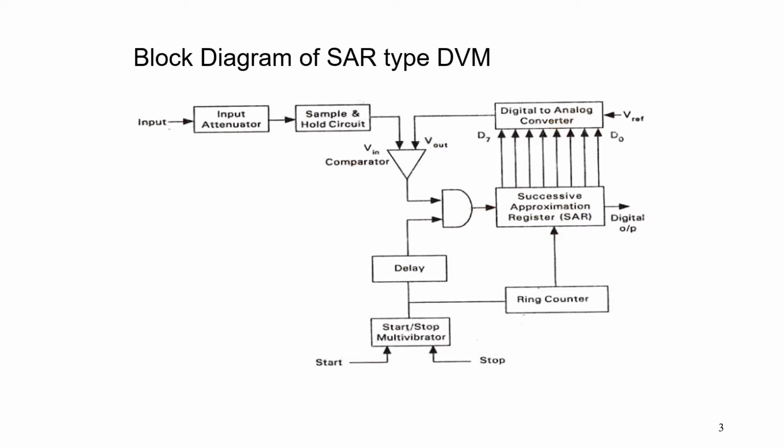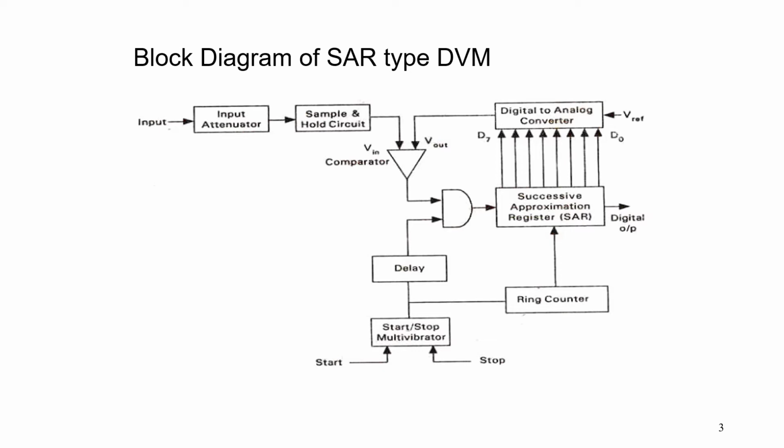The basic building blocks of a digital instrument are shown. It has an A to D converter, a signal processing unit, and the display.